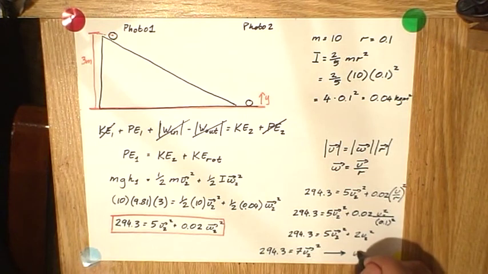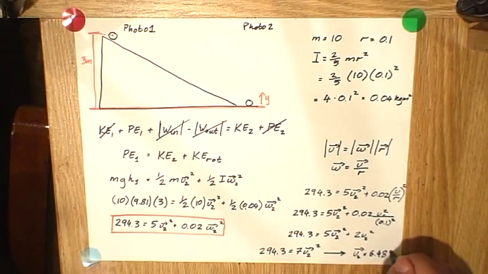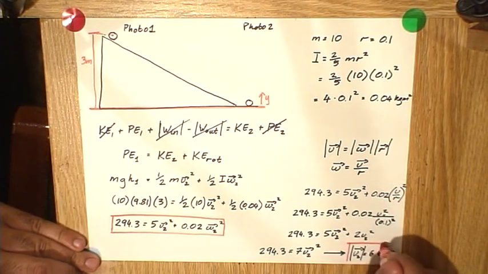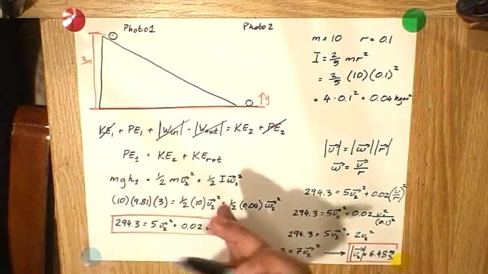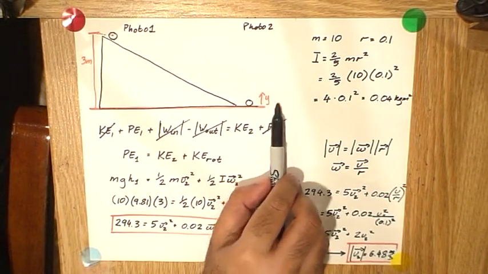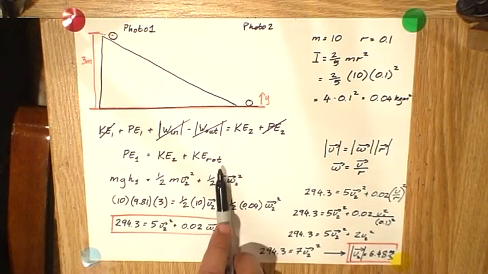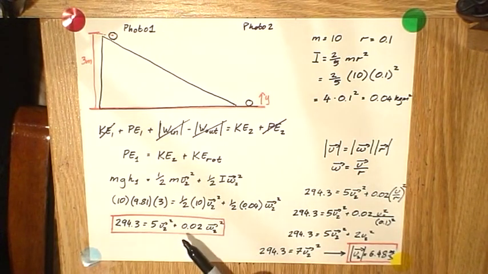So the linear velocity of this ball is 6.48 meters per second. And we have now solved this by using the linear kinetic energy of the ball in tandem with the rotational kinetic energy. We applied both of them at the same time, and then we solved for the linear velocity.